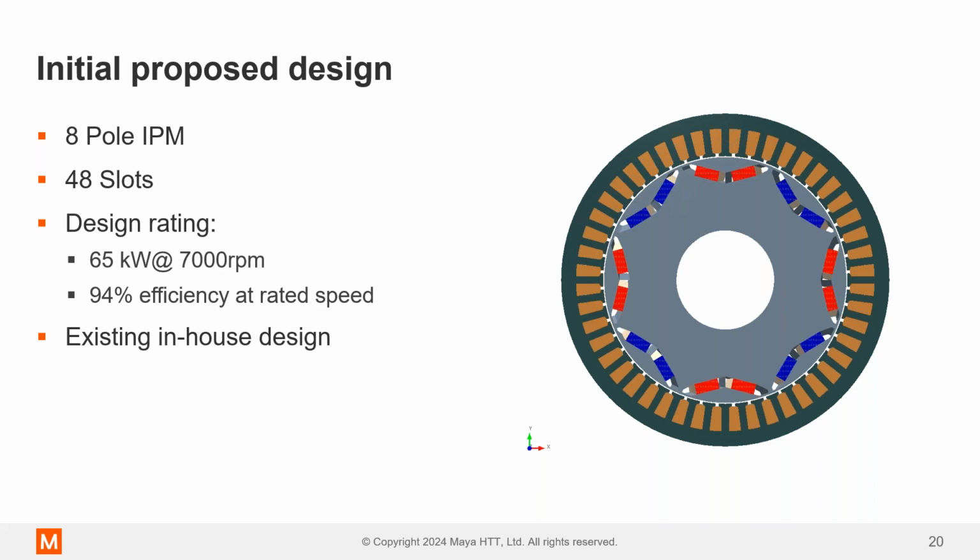It was right on the power rating that we needed from our AimSim sizing. It was right up in the efficiency range that we'd be looking for to get the range that we needed. And it was an existing design that we had in-house. So minimal development effort. And we thought, great, off to the races, plug this in, shoot it off to the people who have requested it, job done.